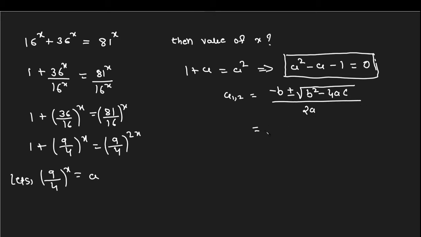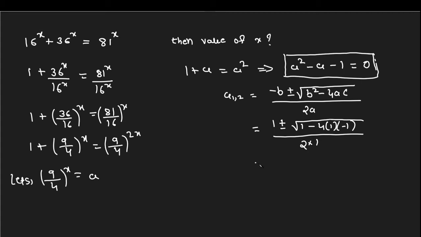What is b here? b is minus 1, so minus into minus is plus 1, plus or minus square root of b square. b is minus 1, that is square 1, minus 4 into, what is a here? a is 1, 4 into 1, c is minus 1, divided by 2 into a, which is 1.